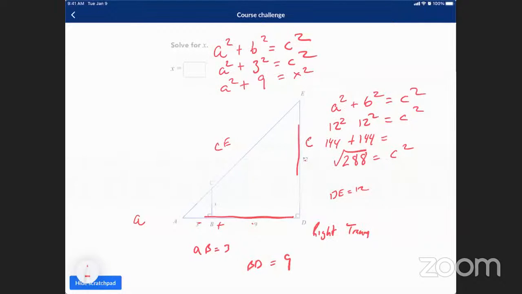We need to find out 288. Could this actually be 288, this whole thing? What two numbers would give us that? One second.